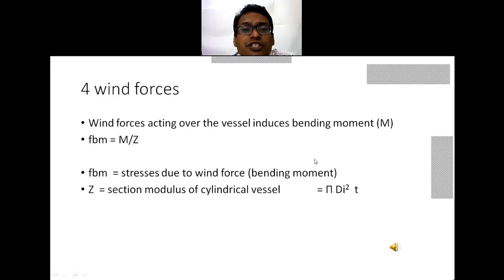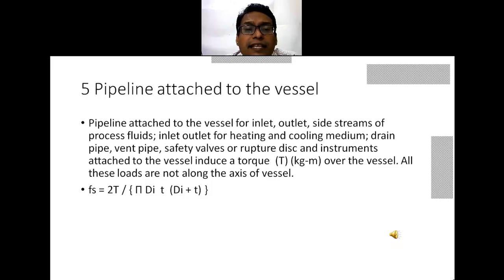The next is the wind force, creating the bending moment, equal to M upon Z, where Z is the sectional modulus, equal to pi Di square into t. And Fs is the stress because of the torque from the different attachments, which is equal to 2T upon pi Di t into (Di plus t).